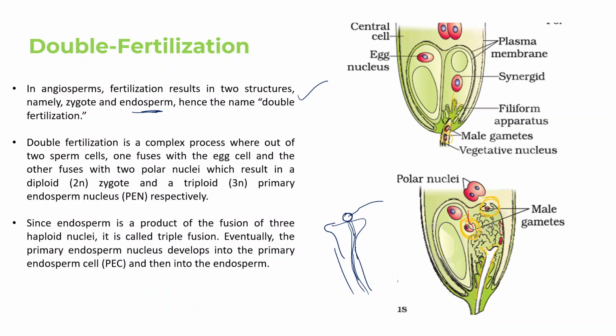One is here and the second one is here. One fuses with the egg cell, here was my egg cell for example, and the second one fuses with the polar nuclei.